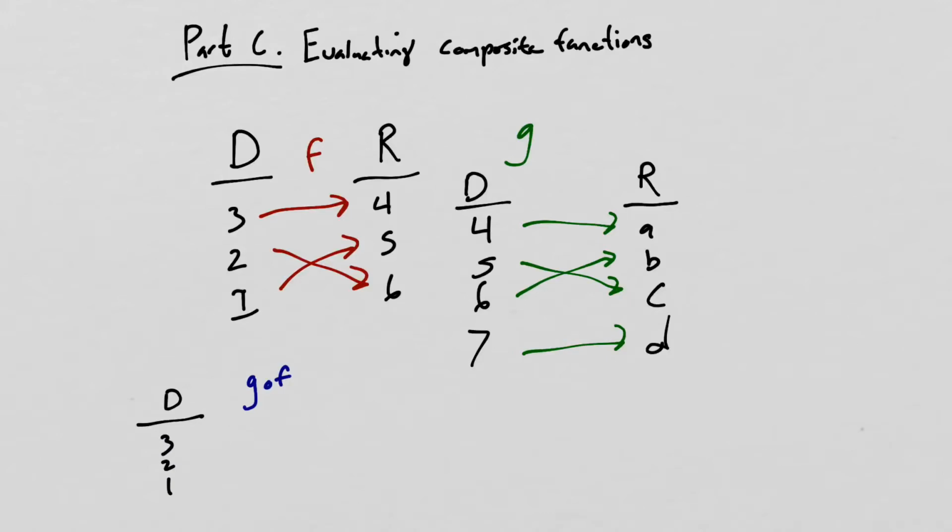Then we're going to see where 3 is sent to under our composition function g composed with f. In our function f, 3 goes to 4, and then in our function g, 4 goes to a. So our composite function is going to send 3 to a.